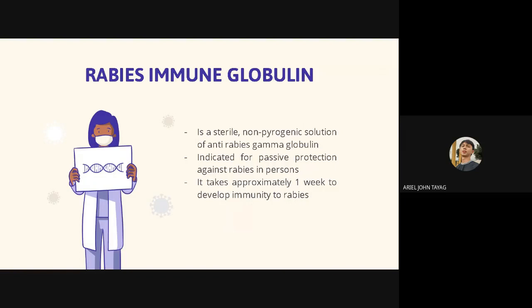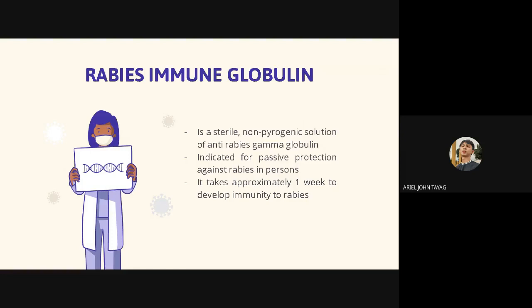So next, the rabies immune globulin. Rabies is a deadly virus spread to people from the saliva of infected animals. The rabies virus is usually transmitted through a bite. Animals most likely to transmit rabies in the United States include bats, coyotes, foxes, raccoons, and skunks.